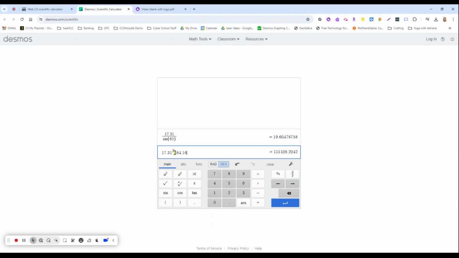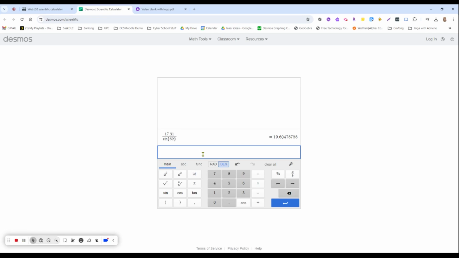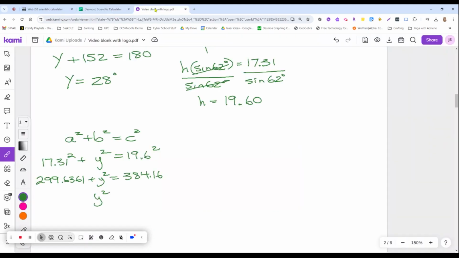Yeah, no, I've screwed that all up. Let's try that all again. Clear, clear, clear. I didn't screw it all up. I punched that in bad. 384.16, take away 299.6361. And I have 84.5239.